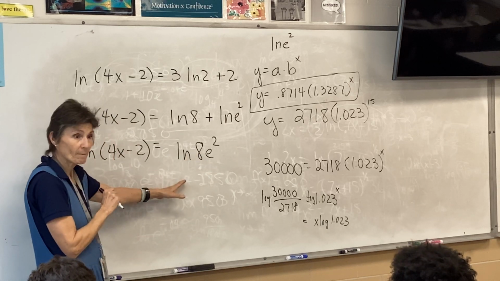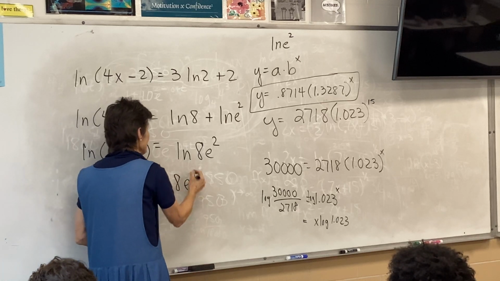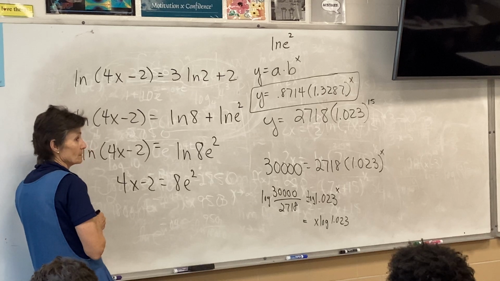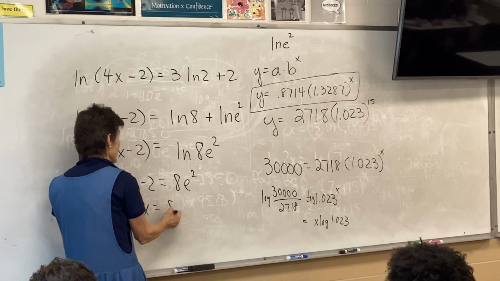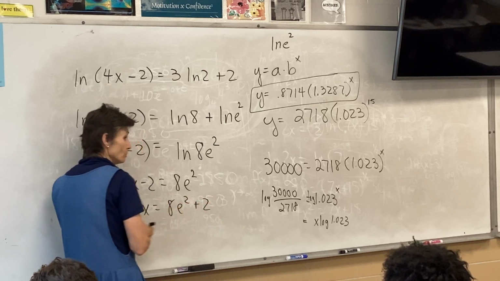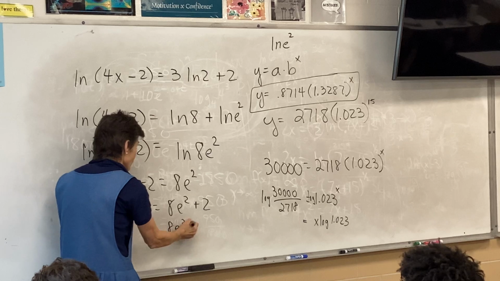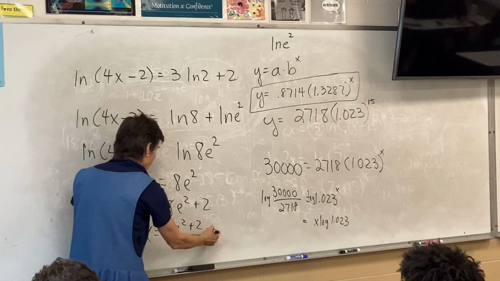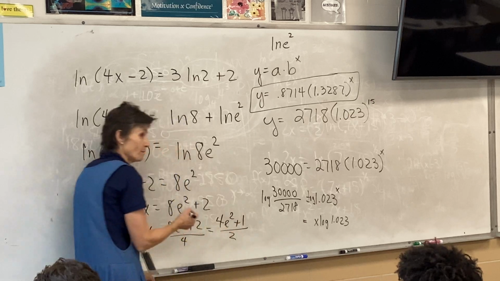So ln 4x minus 2 equals ln 8e squared. Now you can drop them. So 4x minus 2 equals 8e squared. You're solving for x. So 4x equals 8e squared plus 2. So x equals 8e squared plus 2 over 4, or 4e squared plus 1 over 2 if you reduce it.